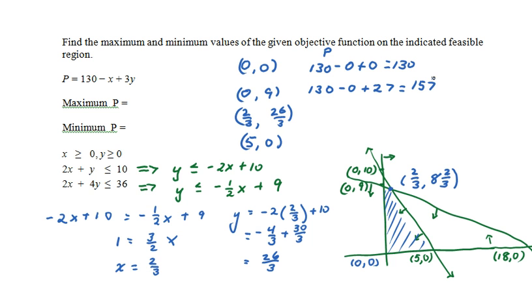At (2/3, 26/3), we get 130 minus 2/3 plus 3 times 26/3, which would be plus 26. So we'd have 156 minus 2/3, which is 155 1/3.